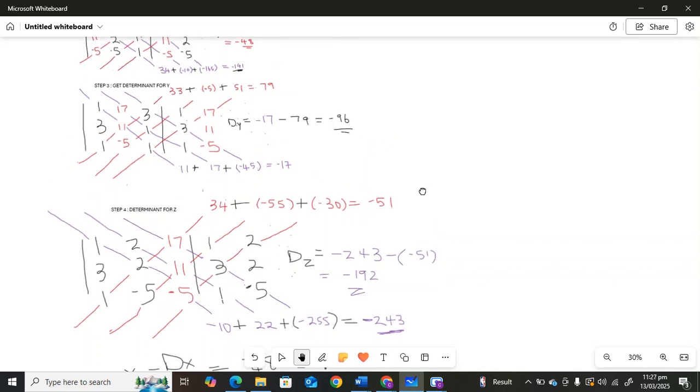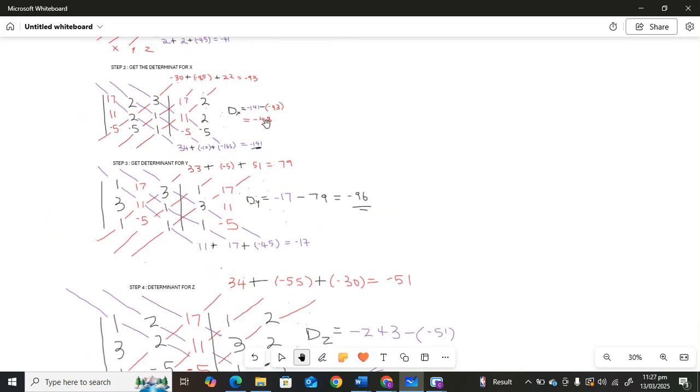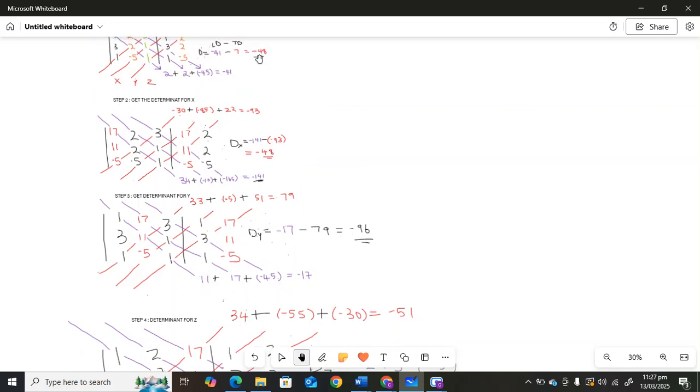Okay, remember here. Then the overall is also negative. So just remember, the overall determinant is always going to be the denominator.